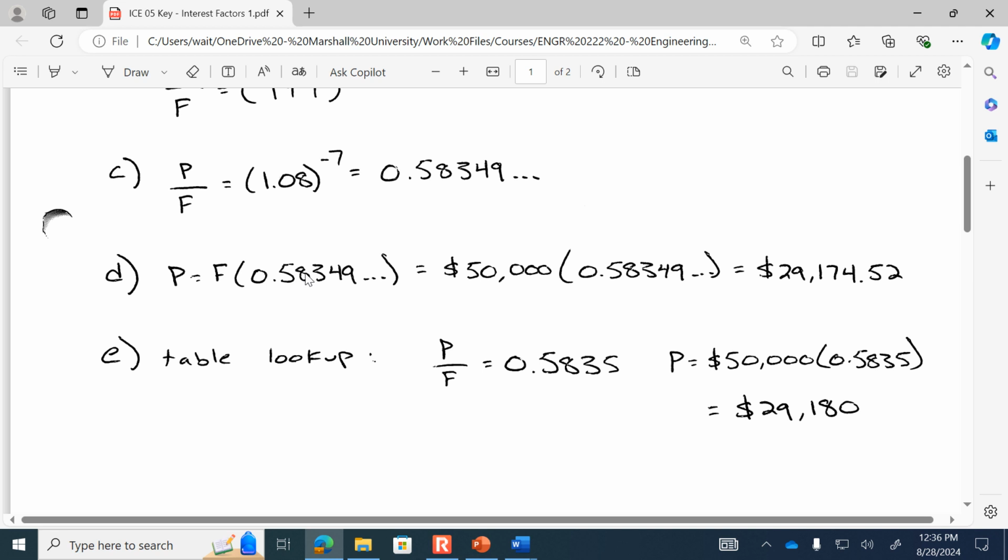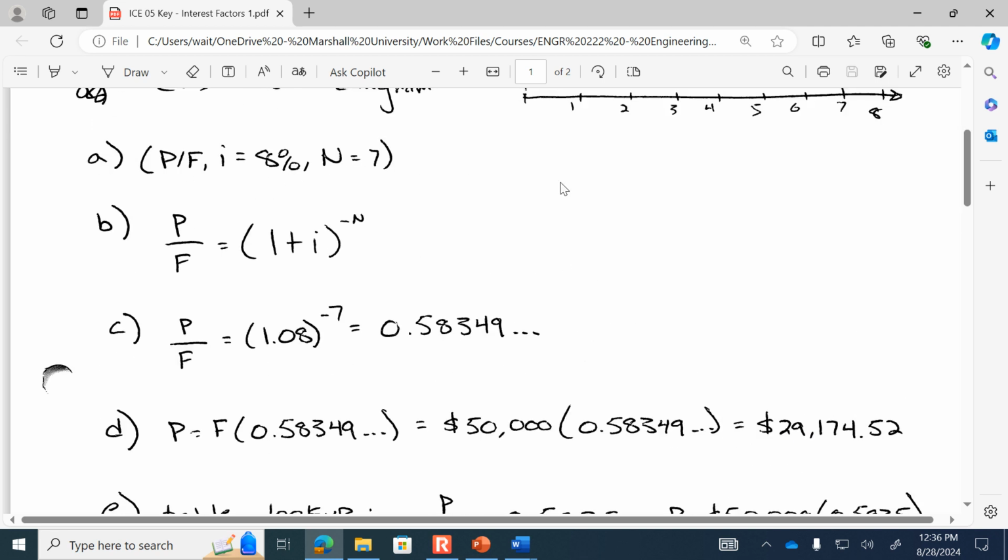We only have 4 digits of precision there, which means that you need to round off your final answer to the nearest $10. So when you multiply 50,000 by 0.5835, the final answer should be 29,180.